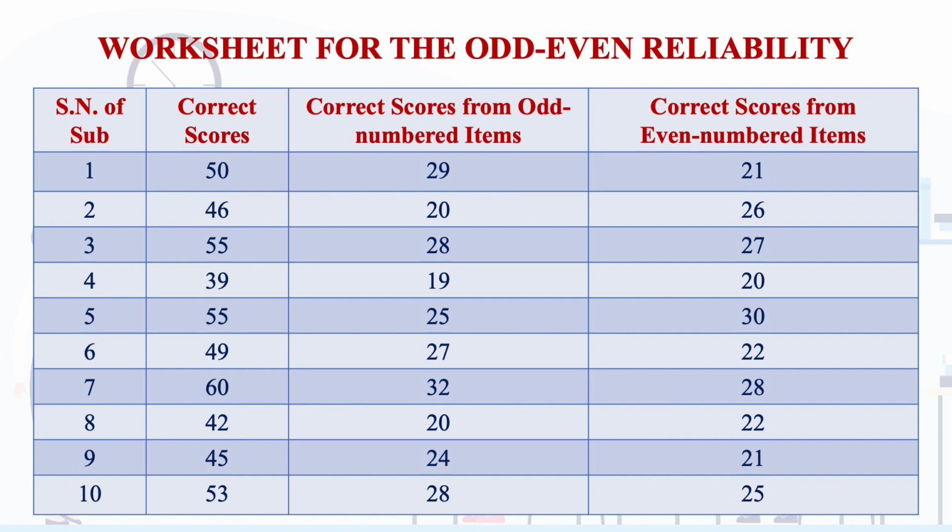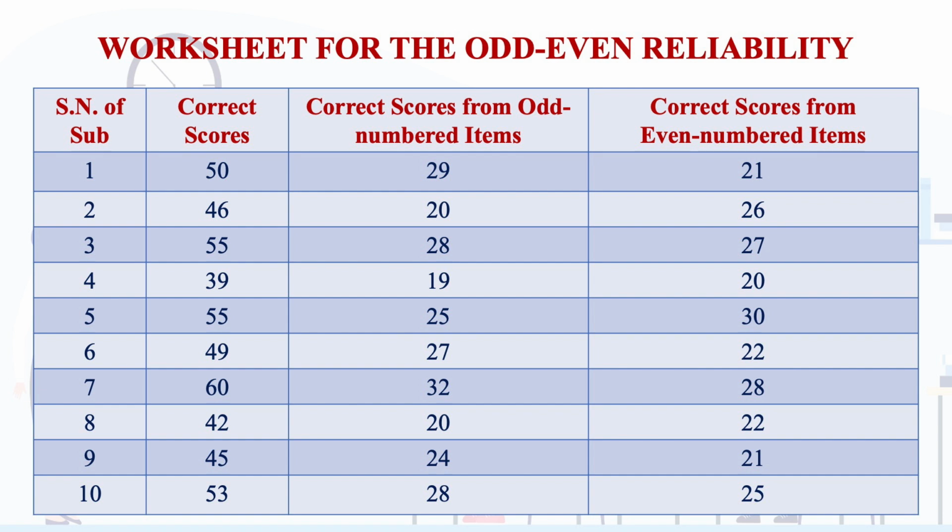The test will be administered upon how many students? So here serial numbers of the students are there, and further correct scores are there. After administering the test, let student number 1 have secured 50, student number 2 secured 46, student number 3 secured 55. Okay.